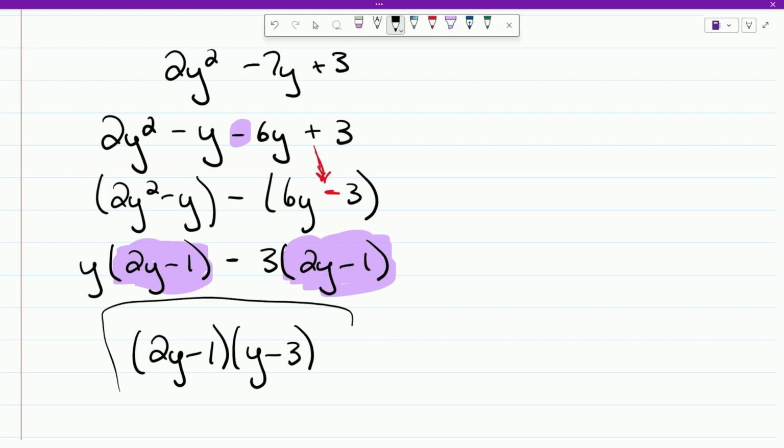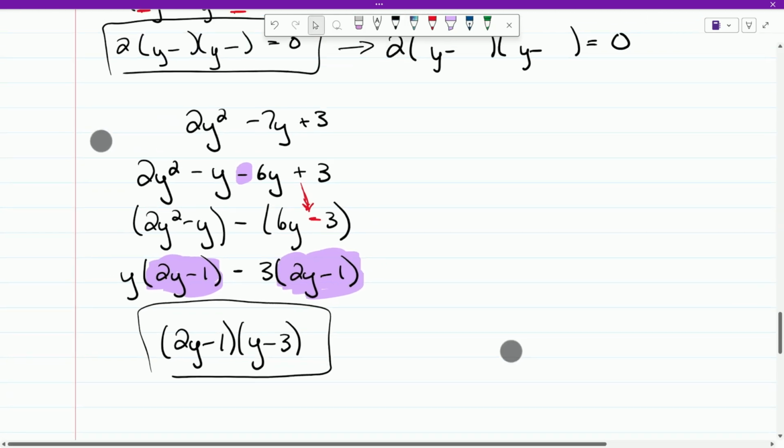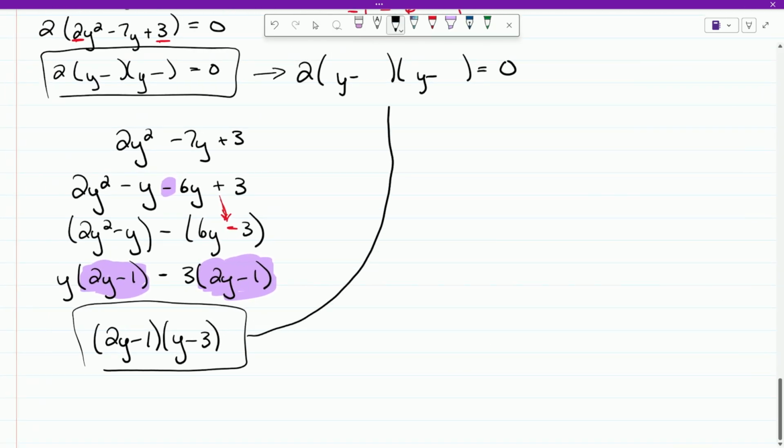And here is what I need to put. I'm going to zoom out. This is what I need to put up here. Out front, you have the GCF of 2. Then I'm going to write 2y minus 1 and y minus 3. And this is what we solve right here. You only take the factors that contain a variable and set them equal to 0.